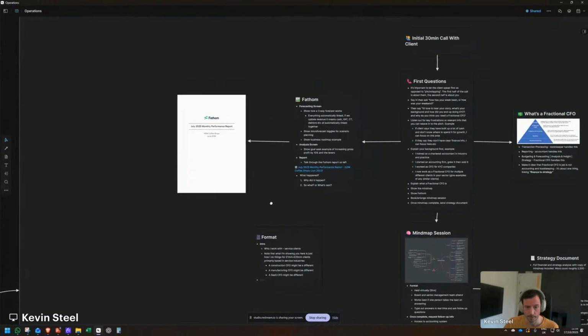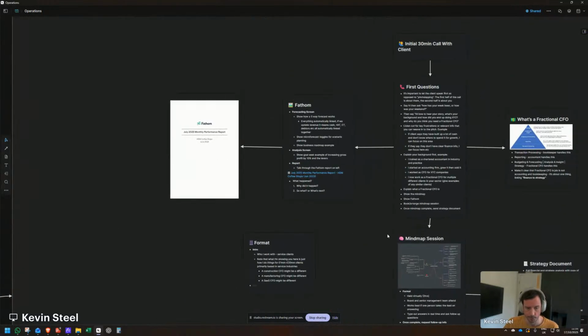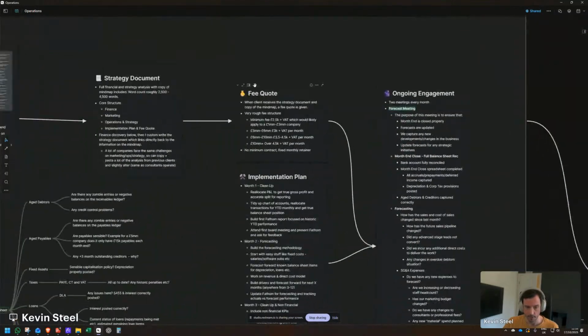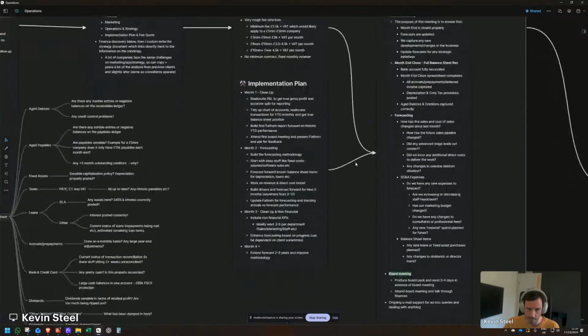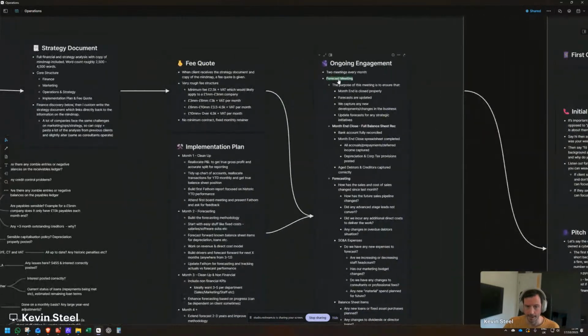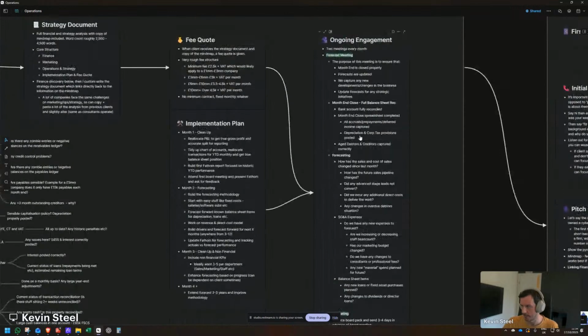I'm also going to jump straight into Fathom, the tool I use for forecasting, show you a little bit of how I do that and some of the reporting that I produce from it. And then we're going to talk about a fee quote, so how I roughly go about quoting fees for a client. Then the implementation plan, so what happens in the first 3 months when working with a client. And then the ongoing engagement, so what happens every month once everything's been set up after the first few months.